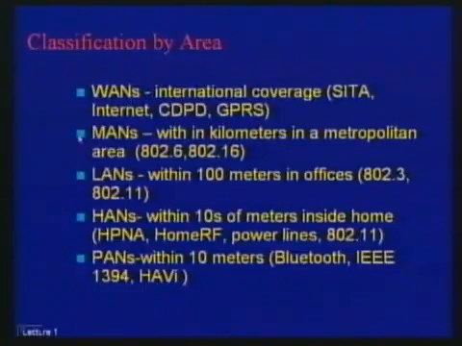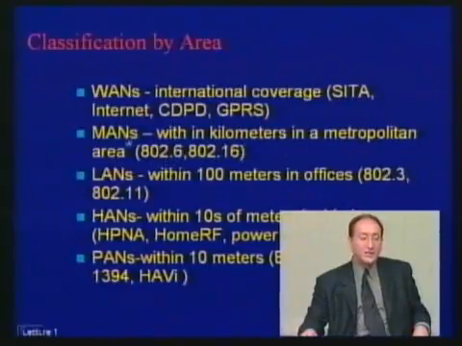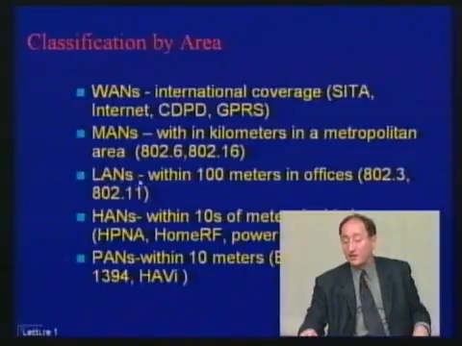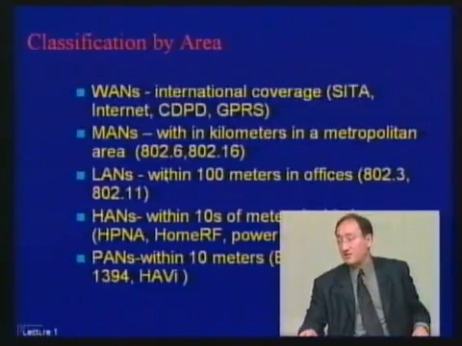Then they have metropolitan area networks, which are in a metropolitan area within a few kilometers. Standards like 802.6 and 802.16 are related to MANs, metropolitan area networks. Then I have LANs, local area networks. Local area networks are covering, according to the 802 standard today, up to 100 meters.